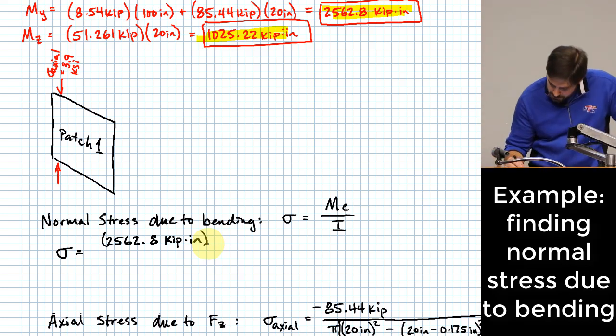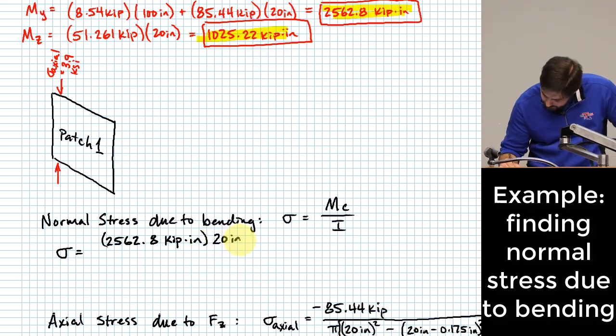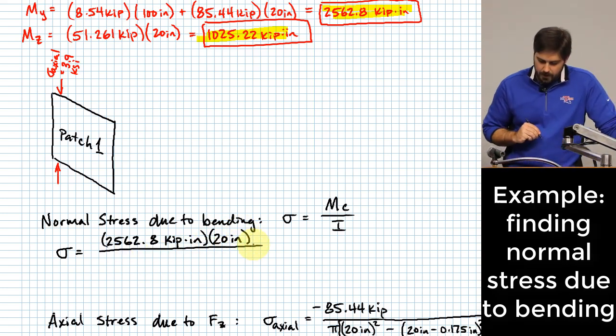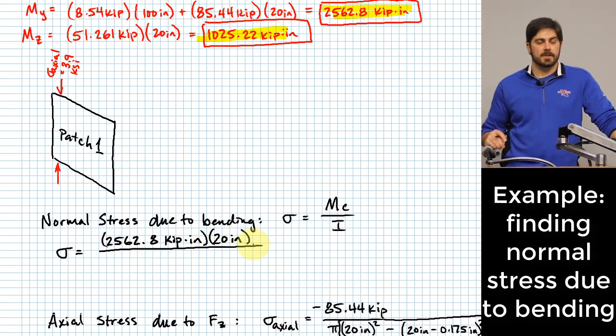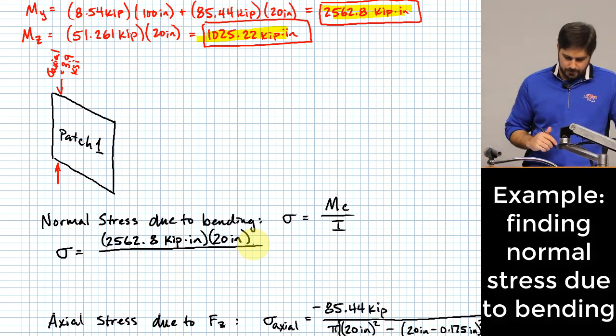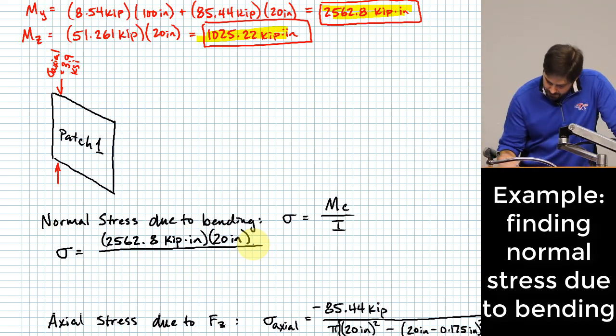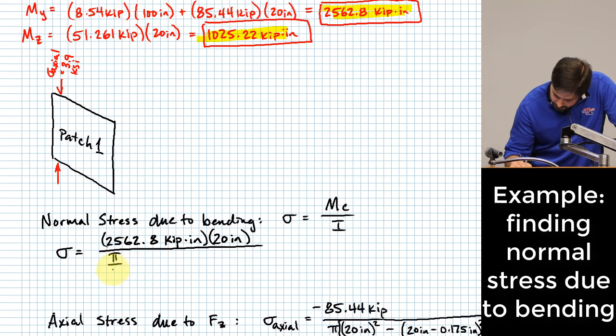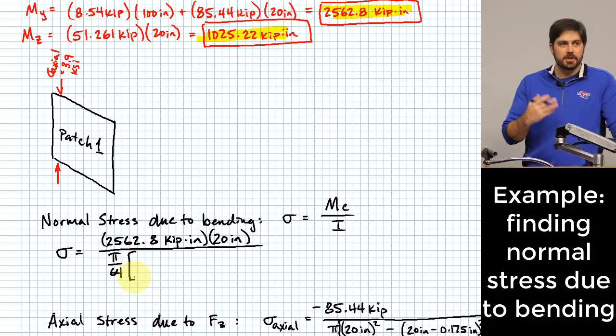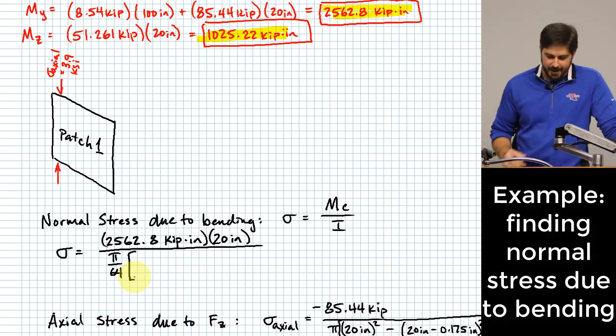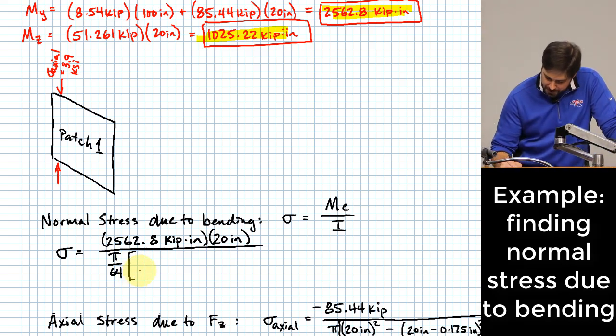So I'm going to use 20 inches here. What about I? Okay, pi over 64. Yeah, we could use the formulation with R. Since I started with this, I'll go ahead and finish with this.